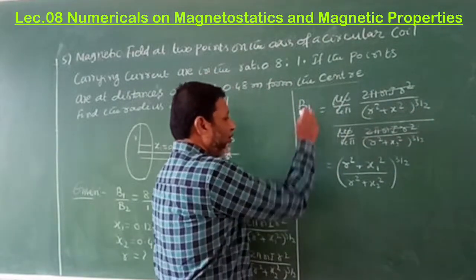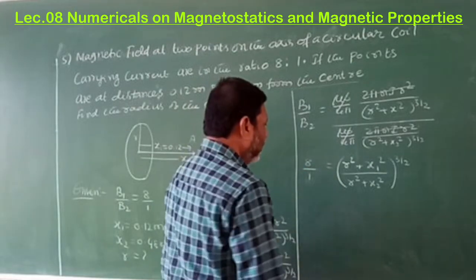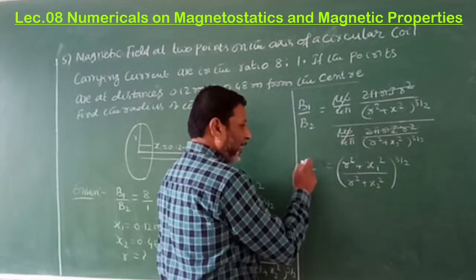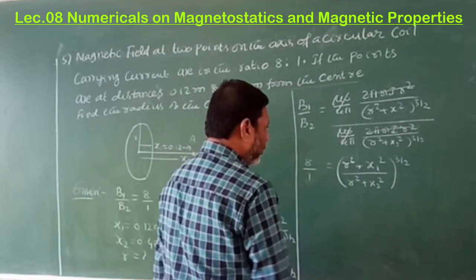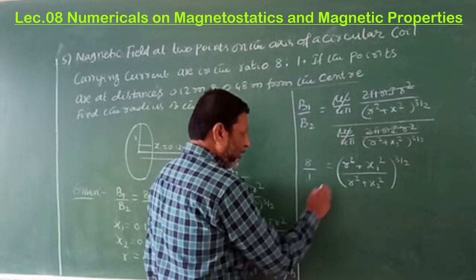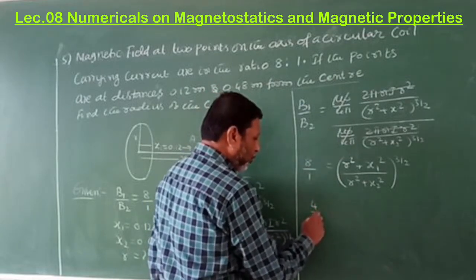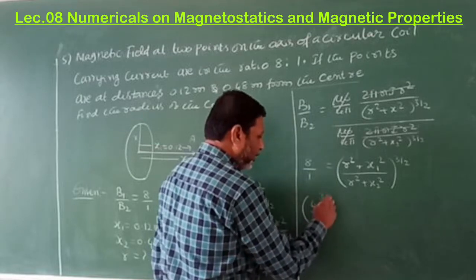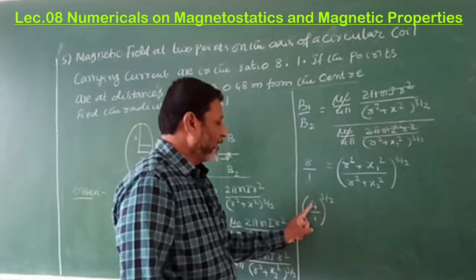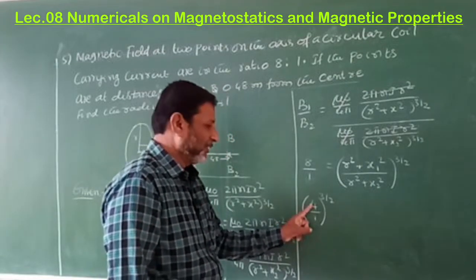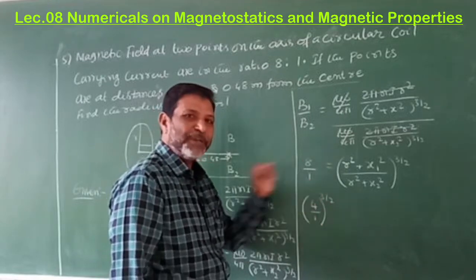Now the B1 by B2 value is 8 divided by 1. Now this 8 can be written as 4 by 1 raised to 3 by 2, because 4 can be written as 2 square, and 2 square raised to 3 by 2 gives 2 cube, which is equal to 8.